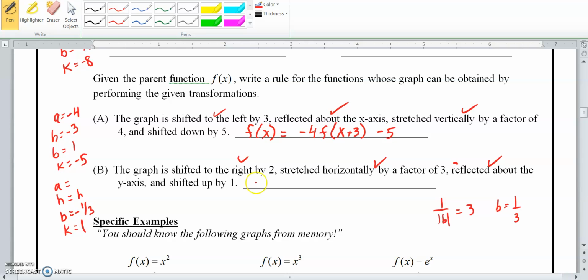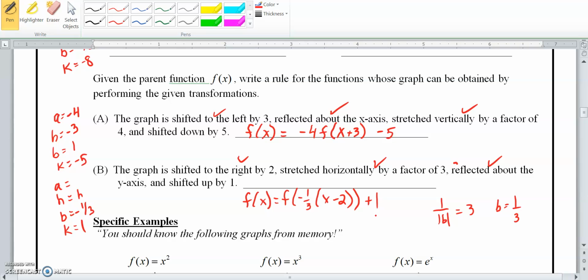So we're left with, I'll write it down here, f of x equals f of negative 1/3 x minus 2, close that parenthesis, plus 1.